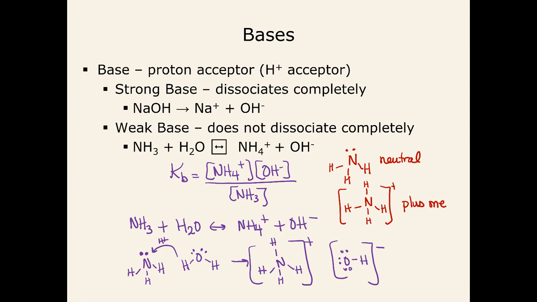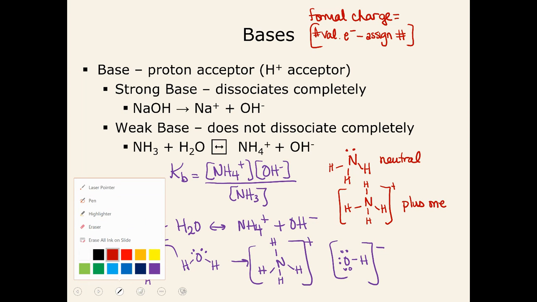Now, I suppose I could do the formal charge thing if you want to be a little more thorough and not just memorize. For formal charge, we take the number of valence electrons and we subtract off an assigned number. This gives us an indication of the electron charge distribution within that molecule.